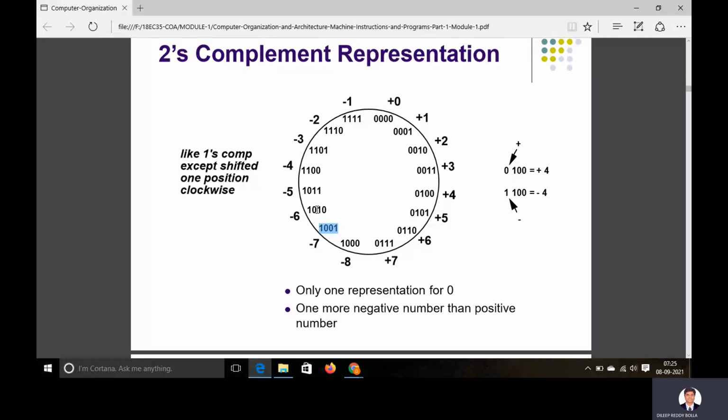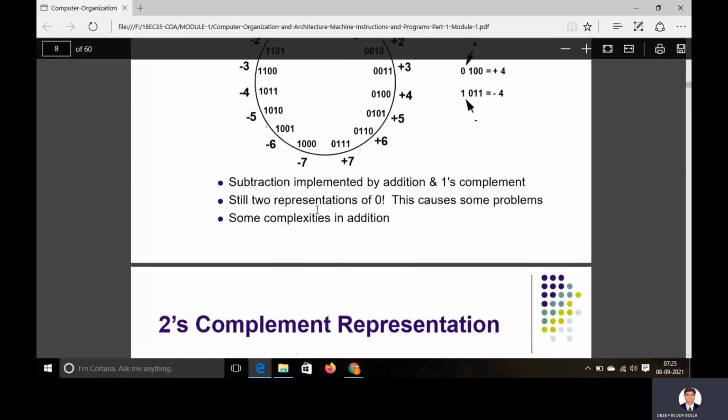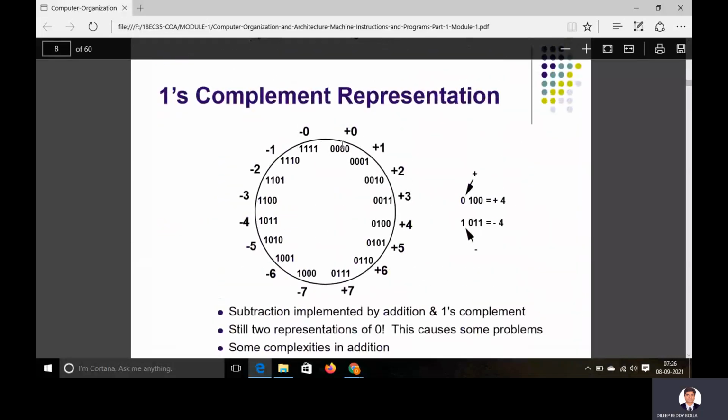And the advantage of using the two's complement representation is that we can easily identify plus 0 and minus 0, because in two's complement there is no question of minus 0. That's the problem we encountered in one's complement. In one's complement technique, there is plus 0 and minus 0. It's plus or minus, it doesn't matter, right?